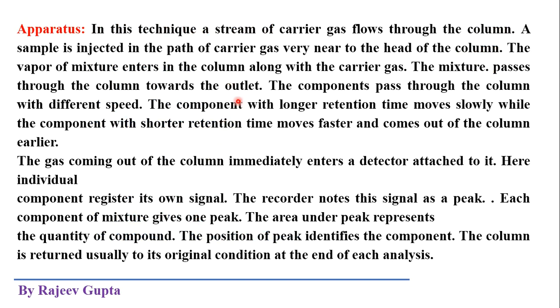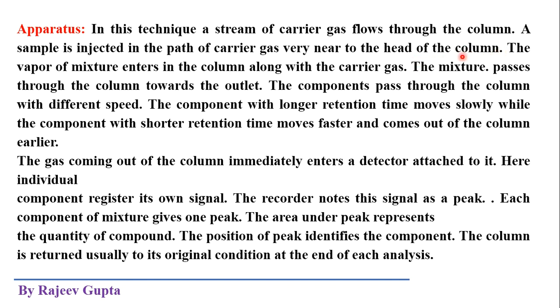Okay, now this is again the detail of these apparatus. In this technique, a stream of carrier gas flows through the column. As I said earlier, a stream of carrier gas flows through the column. A sample is injected in the path of the carrier gas very near to the head of the column, means where the column starts in this instrument.